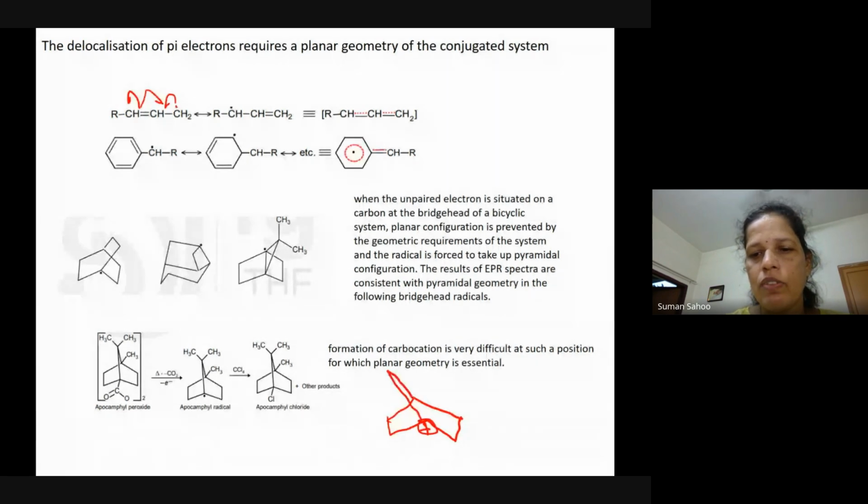So this one is not observed, but in case of a free radical in a bridgehead position, it is possible, because it can acquire a pyramidal geometry. It does not have to be planar. It can go from planar to pyramidal. But carbocations or carbanions cannot have this type of geometry.